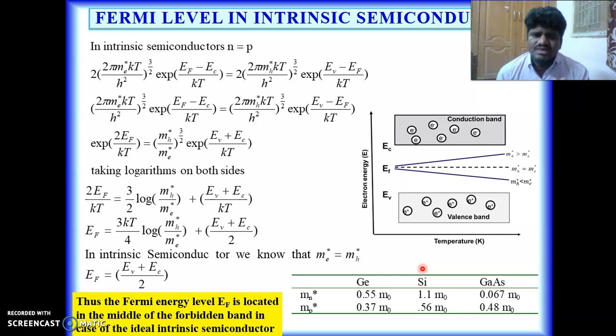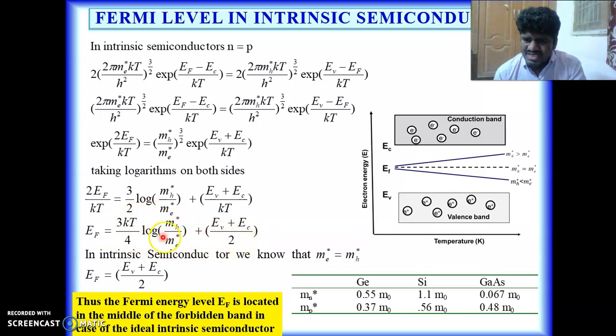Now we have to see the Fermi level and the effect of temperature on the Fermi level. Understand? And also effective mass. We know that in the intrinsic semiconductor n is equal to p. By equating this, after simplification, we can get EF is equal to 3kT by 4 log of (m_h* by m_e*) plus (EV plus EC) by 2.